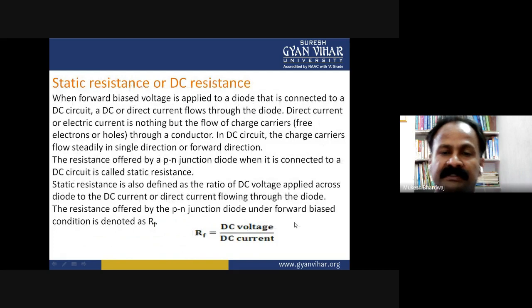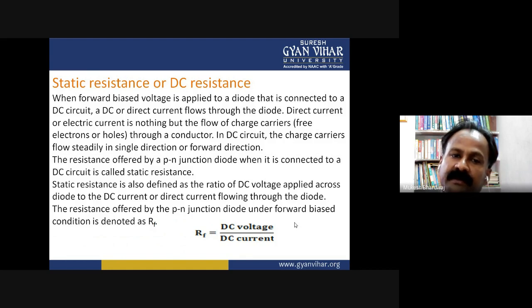Static resistance or DC resistance. When forward bias voltage is applied to a diode that is connected to a DC circuit, a DC or direct current flows through the diode.